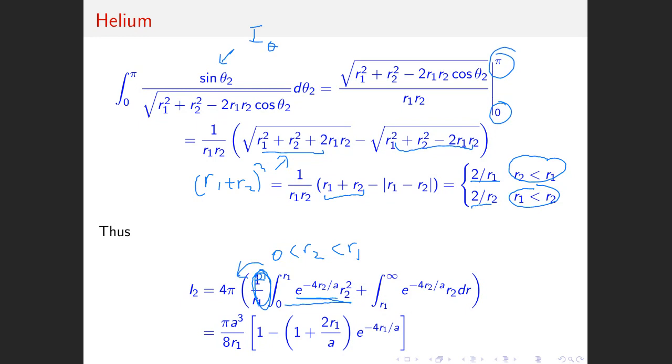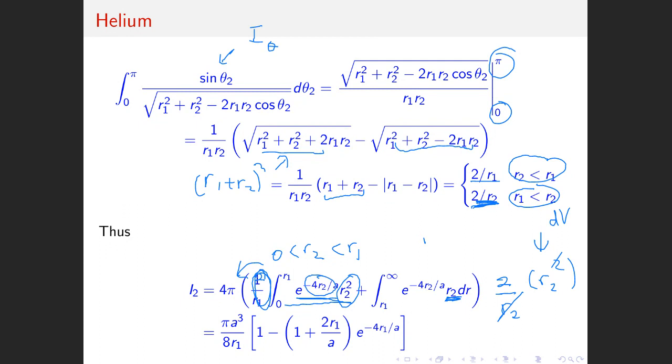You're left with r2 squared. Then the other one will be this case here, between r1 and infinity, where you have to plug in 2 over r2. But there's an r2 squared coming from dv, so that cancels, and you're only left with r2 squared and r2.